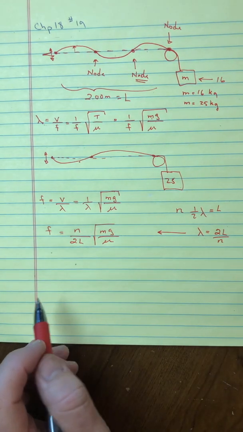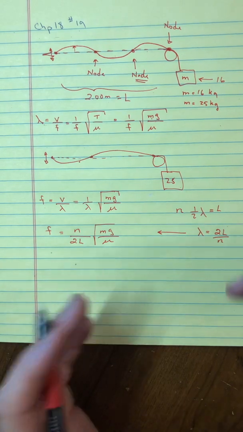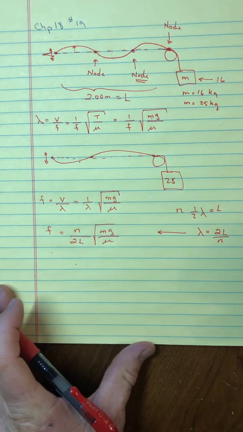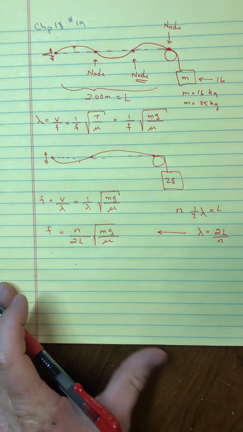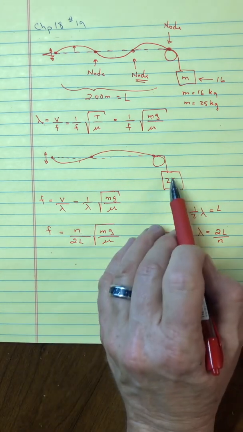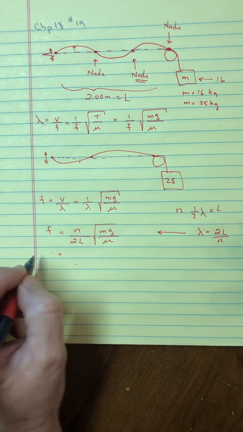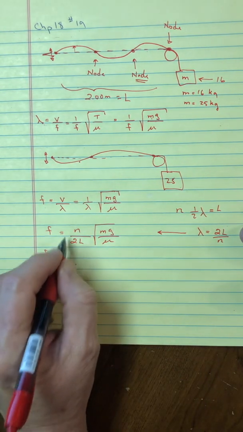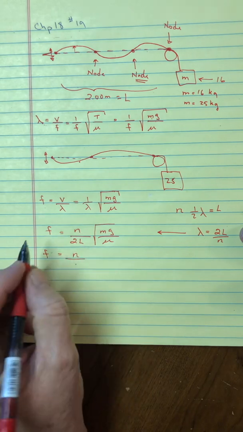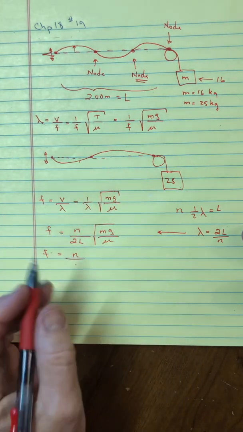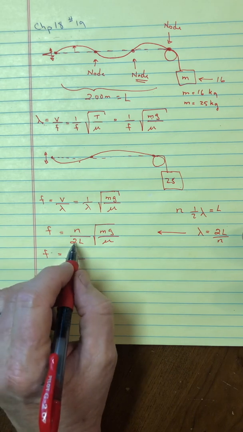So if I were to maybe apply this equation to the one with the fewest harmonics, so the 25. Again, I don't know, I drew a picture of 2, but I don't know it's that. I would get something like this. The frequency equals n, so the number of harmonics, which I'll just kind of mentally picture 2 for a moment, over 2L.